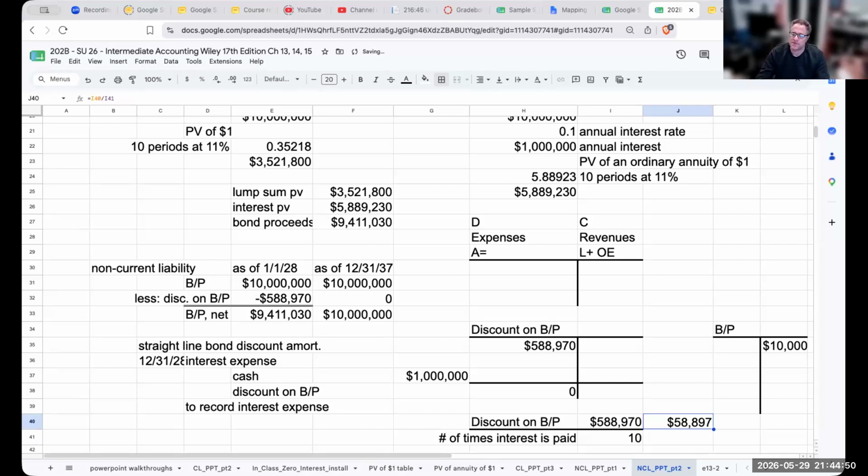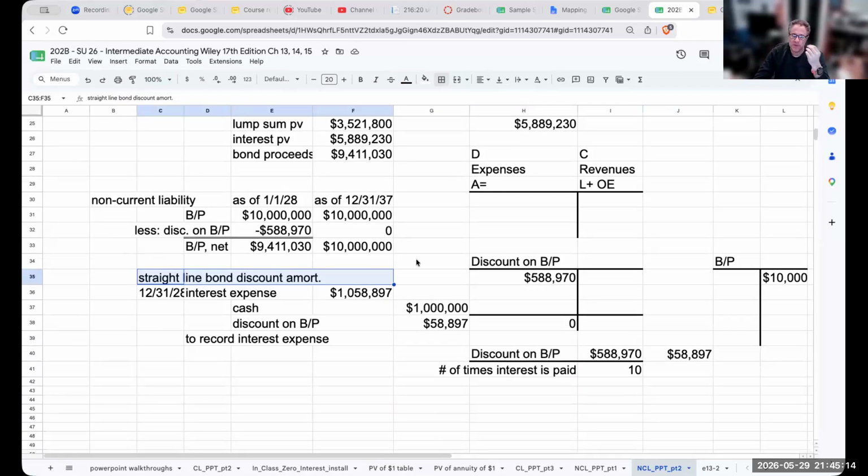It's going to be 58,897. So I'm crediting my discount on bonds payable for 58,897. So my interest expense is going to be 1,058,897. If I'm using straight line bond amortization, this entry will never change. It's always going to be the same.